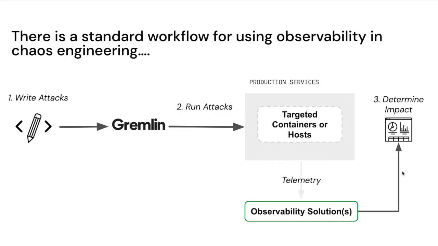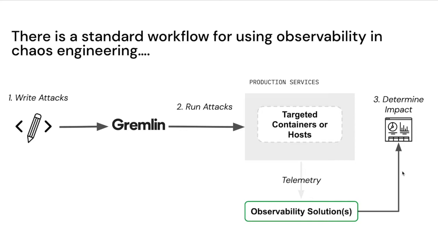So as I mentioned before, there's a pretty standard workflow for using observability in chaos engineering. You're likely already using this workflow if you're a Gremlin customer. And the idea is pretty straightforward. You're going to write some attacks based on your understanding of how things are running in production. Gremlin manages those. They start running, whether you are targeting containers or hosts or your application or infrastructure.